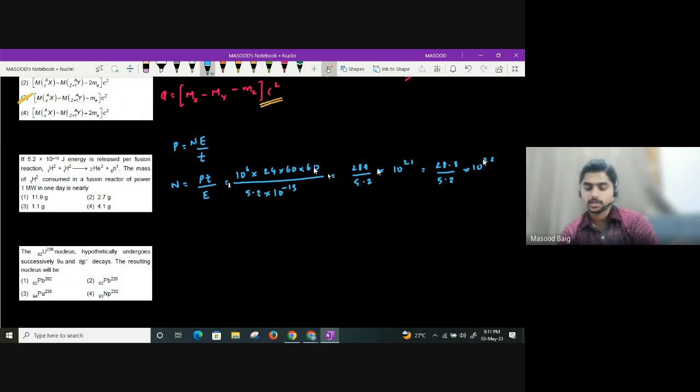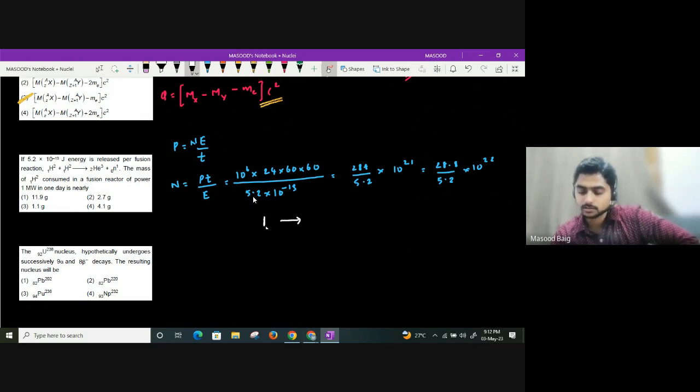Now they are asking the mass of H12 consumed in a fusion reactor. For one fusion, how much mass is consumed?